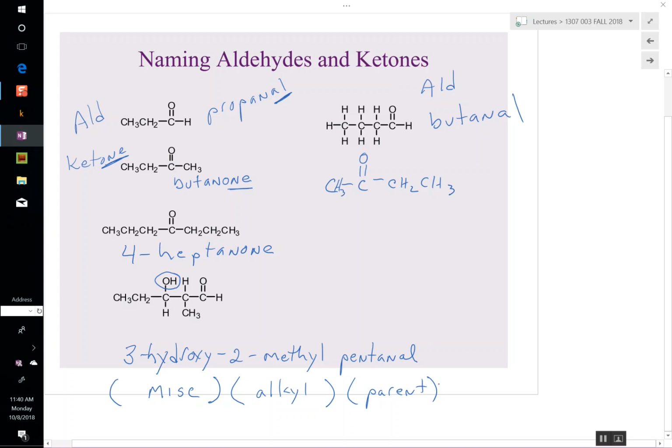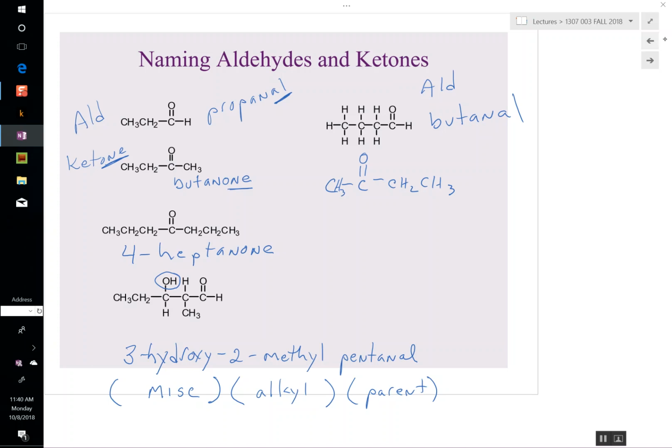Does the alphabetical not? I wouldn't worry about it. You could have like a 3-hydroxy 2-ethyl, but like ethyl is before H. No, you're not going to alphabetize. You'll alphabetize alkyl groups in this section. So if it was like 3-hydroxy, 2-ethyl, 2-methyl. If there was an ethyl group here, you would be 2-ethyl, 2-methyl pentanal.